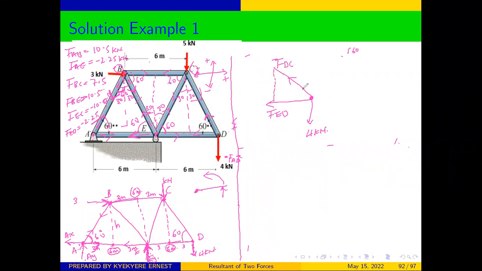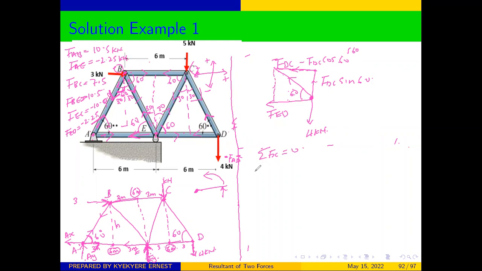If this angle here is 60, then if you want to move from this to that, you can see that we move up on Y. So Y will be positive, which will be FDC sine 60, because Y is facing the angle. And our X component, we are going to move this direction, which will be negative FDC cos 60, because cos is adjacent to the angle. And from there, we resolve sum of all F of x is equal to 0.